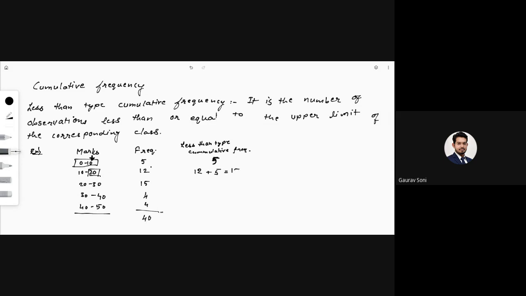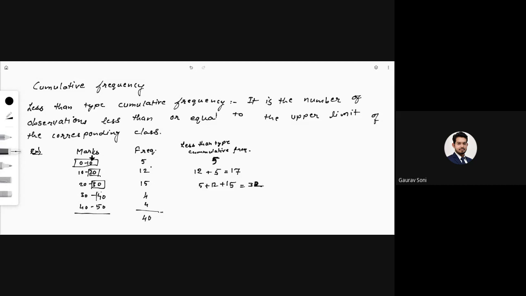If we go to the third one, 30, all the observations less than or equal to 30 will be 5 plus 12 plus 15, which is 32.